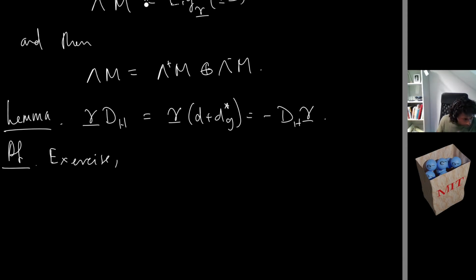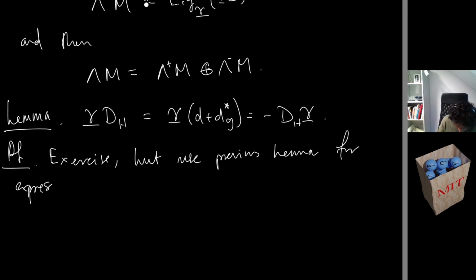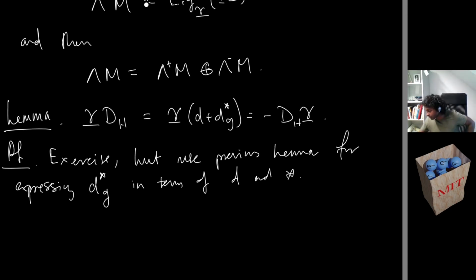But you use the previous lemma for expressing d star g in terms of d and the Hodge star. Once we express d in this way, this is just a calculation.